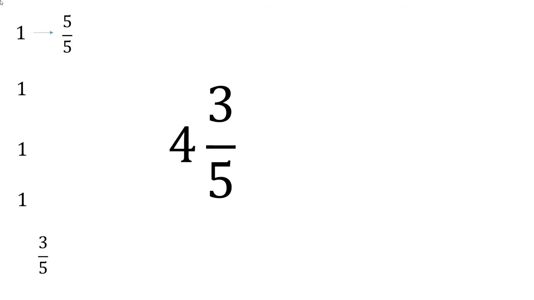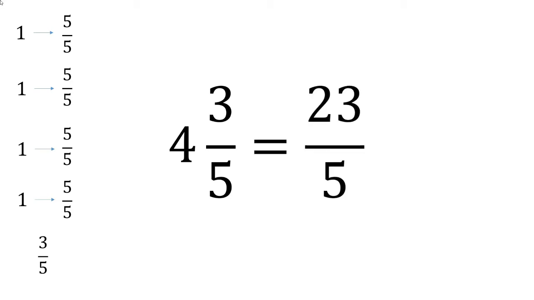So we've got 5 in the first, and 5 in the second, so that's 10, and then 5 in the third, so that's 15, and then 5 in the fourth, so that's 20. So 5, 10, 15, 20 for the 4 wholes, plus 3 extra ones for the 4 and 3 fifths. That's 5, 10, 15, 20, 21, 22, 23 fifths.